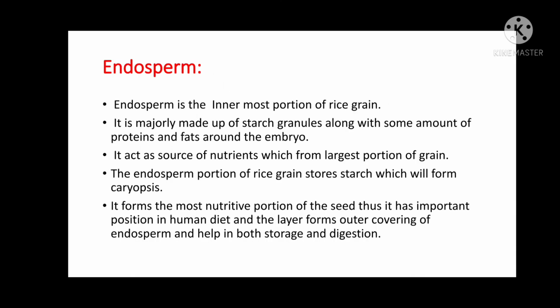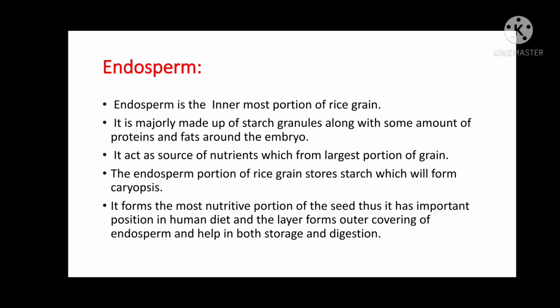And the next part is the endosperm. The endosperm is the innermost portion of the rice grain, and it is majorly made up of starch granules along with some amount of proteins and fat around the embryo. It acts as a source of nutrients and forms the largest portion of the grain.